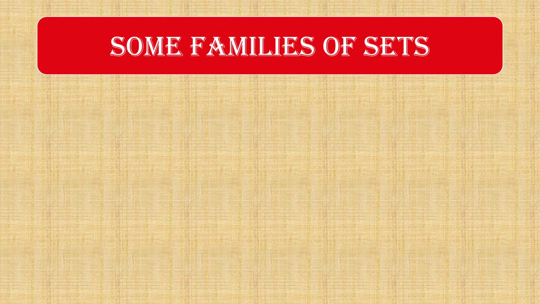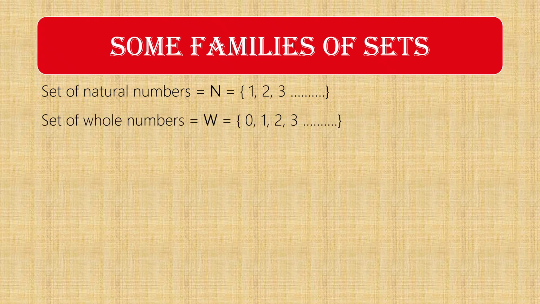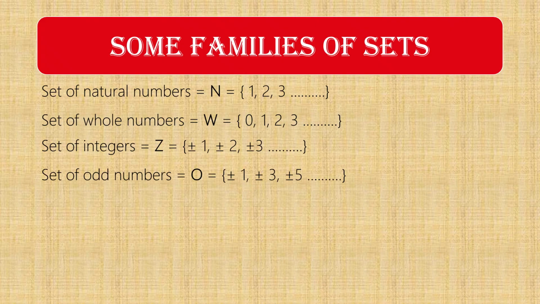Now let's understand different families of sets in mathematics. Number one is the set of natural numbers, denoted by the capital letter N. Then we have the set of whole numbers. As the numbers start from 0, they are called whole numbers and it is denoted by the capital letter W. The set of integers contains all the positive and negative integers and it is denoted by the capital letter Z. Then we have the set of odd numbers.